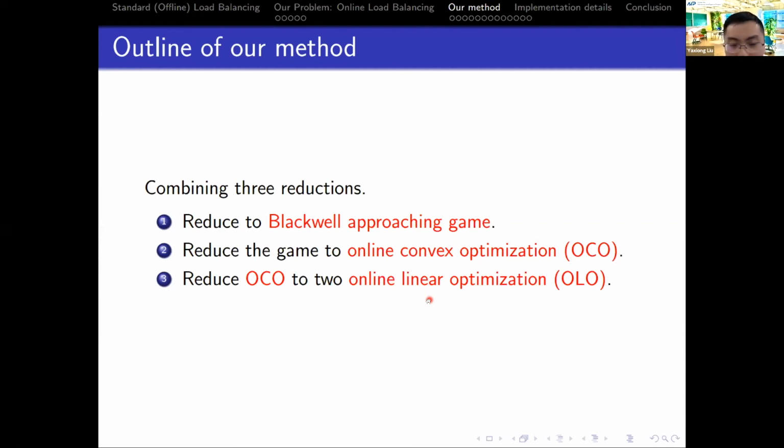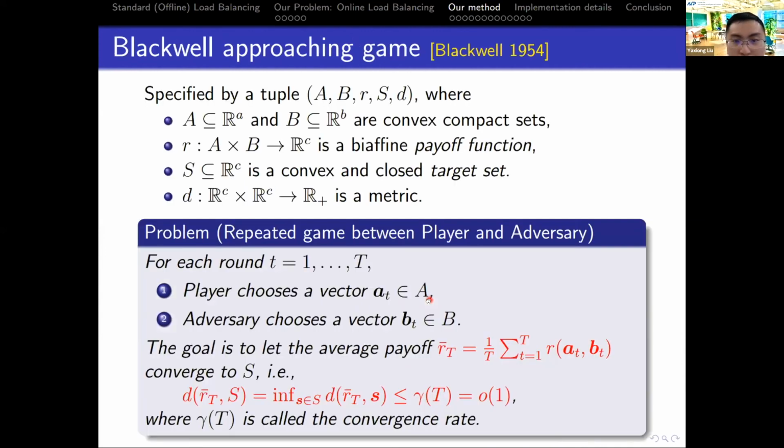So I want to first introduce what the Blackwell approachability game is. This game we can specify with a tuple (A, B, R, S, D), where A and B are two convex compact sets for the two competitors, and R is a bi-affine payoff function from A times B to R^d. S is a target set, a convex closed target set in R^d, and D is a metric on R^d space.